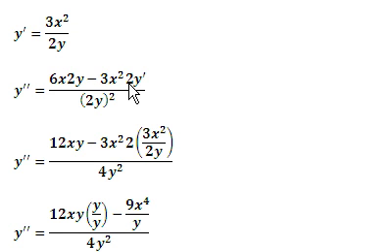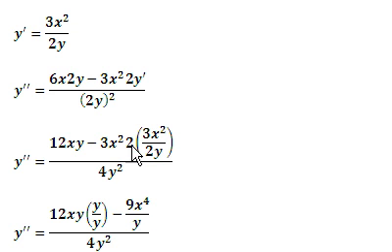Now the derivative of 2y is just 2, but remember we have to tack on a y prime over here to the right. Don't forget that. And it's all over the denominator squared. Now we need to simplify this down as much as we can, and we have to do something with this y prime. Well, y prime, remember, was 3x squared over 2y. So I'm going to substitute that in for the y prime, as you can see here.